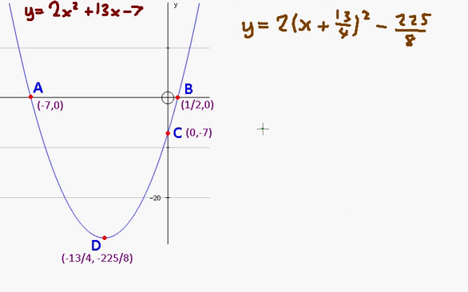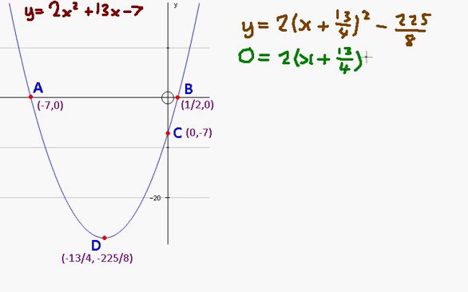So I've completed the square, I've got the coordinates of D. If I hadn't worked out A and B, what I could do is solve this equation here. This is the completed square form that I had a moment ago. In this case, y is now going to be 0 because I'm solving it. I am, in other words, finding where the parabola crosses the line y equals 0.